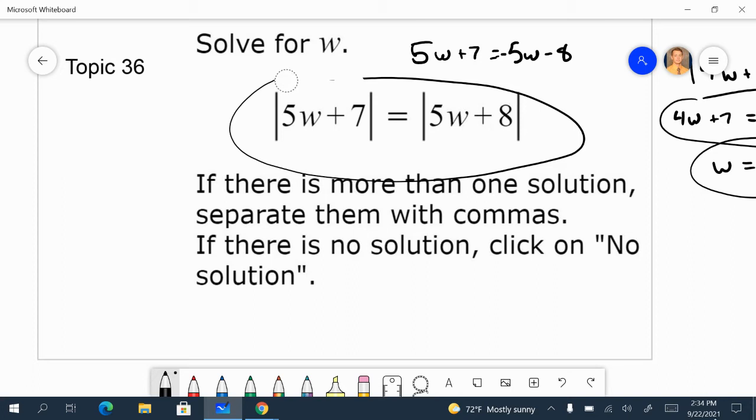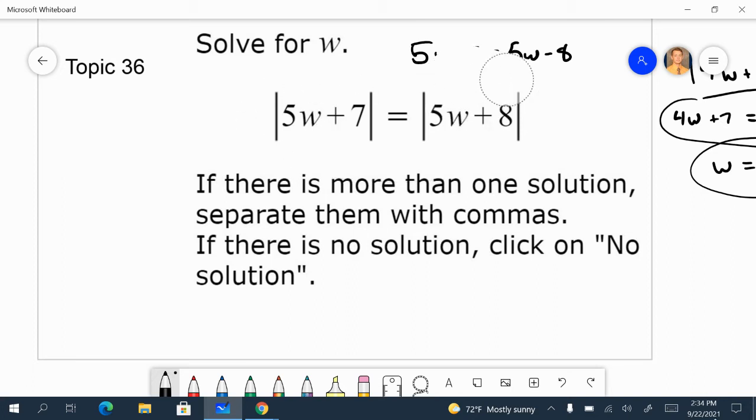And for the other one, you're going to drop the absolute value symbols, and you're going to run a negative through one side. Now, I ran the negative through the right-hand side both times. It doesn't matter. If you want to run the negative through the other side, you sure can. We've just been doing it a certain way this whole time with topics 35 and so on. So I just tried to keep it the same for topic number 36.